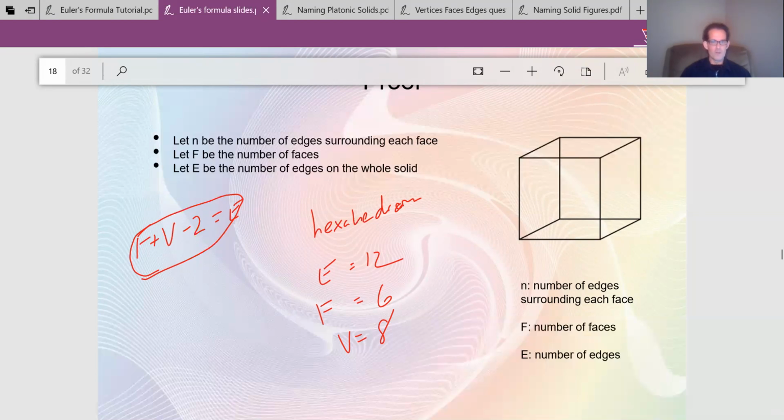Okay. So this is the tetrahedron. And for a tetrahedron, we're going to make faces, edges, and vertices. Okay.